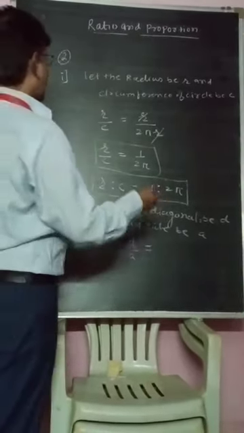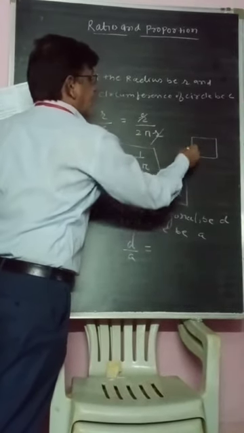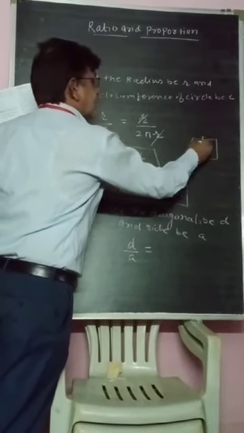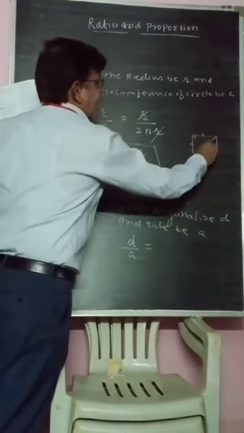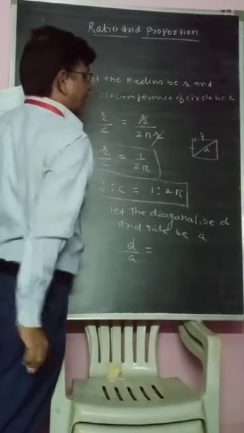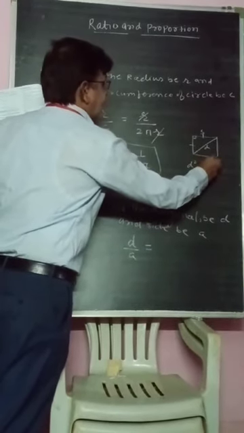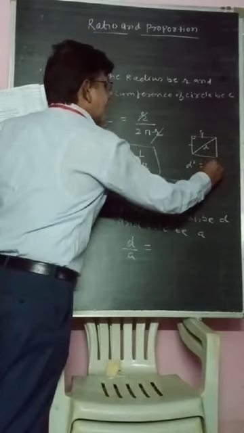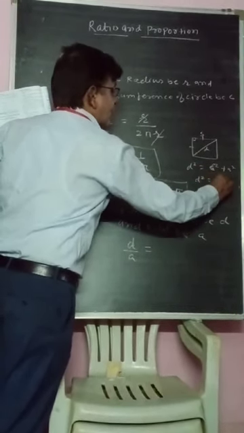Now you already know that, see, if it is a square, then this side and this side are congruent, and this is 90 degrees and this is the diagonal and this is the side. Then D square is equal to S square plus S square, that is A square plus A square. D square is equal to 2A square.